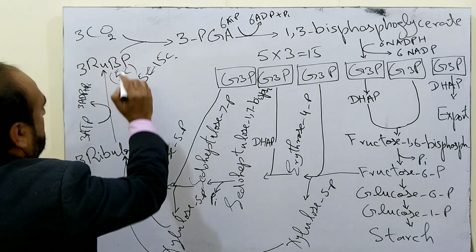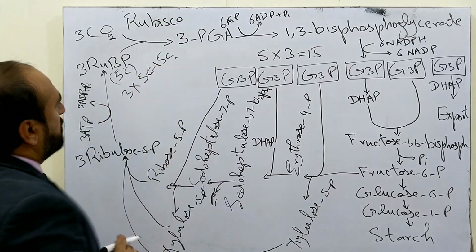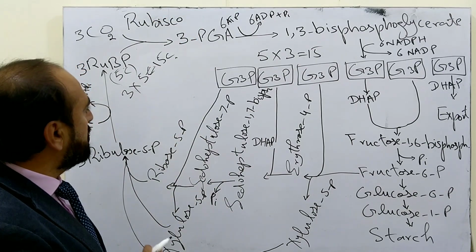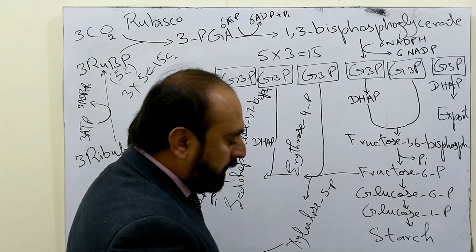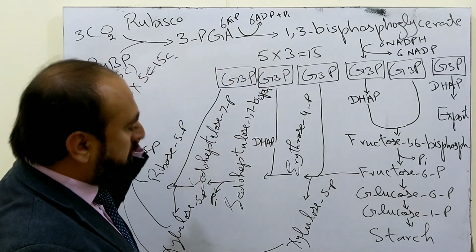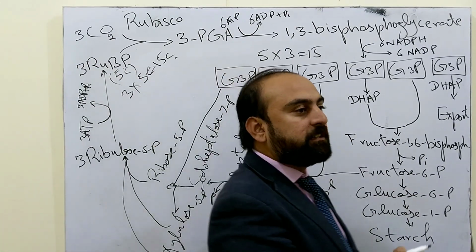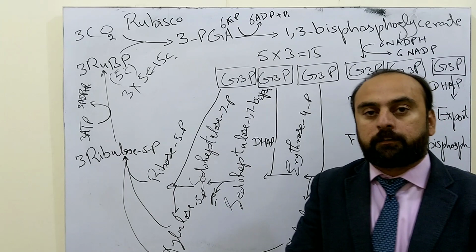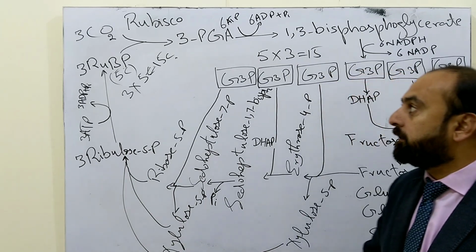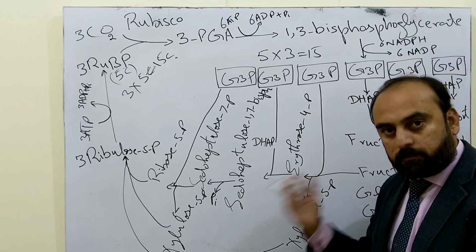Here in this carboxylation step, the enzyme that is involved is Rubisco. Rubisco is ribulose 1,5-bisphosphate, that same 5 carbon sugar, carboxylase oxygenase. It means it can react with both carbon dioxide as well as with oxygen.